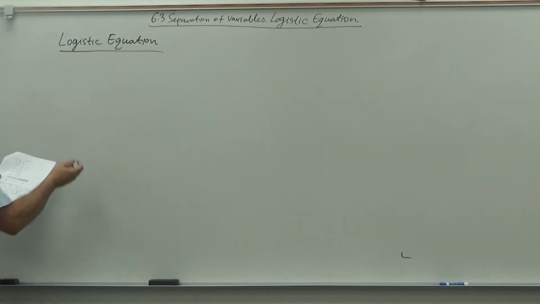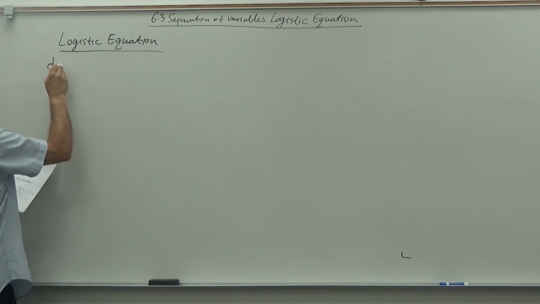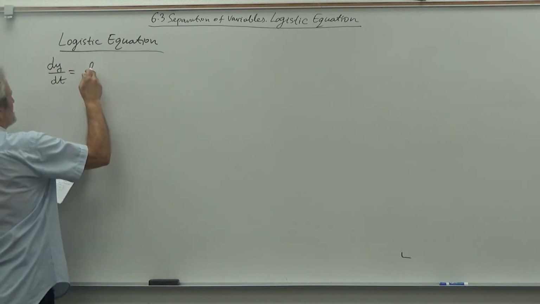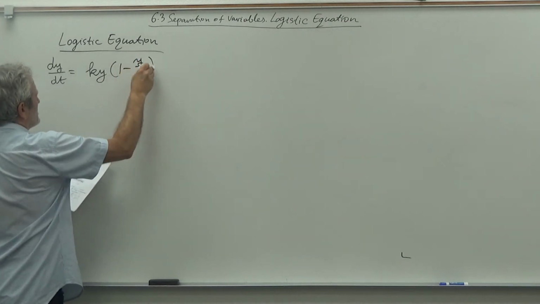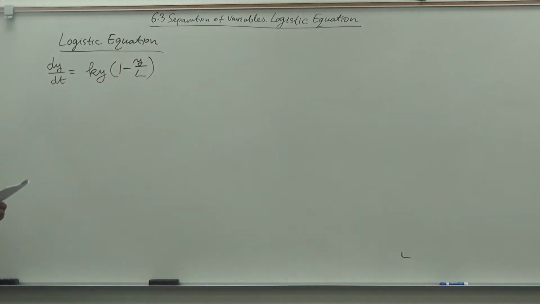This equation looks like this: dy over dt equals ky times 1 minus y over L. That's absolutely a logistic equation.